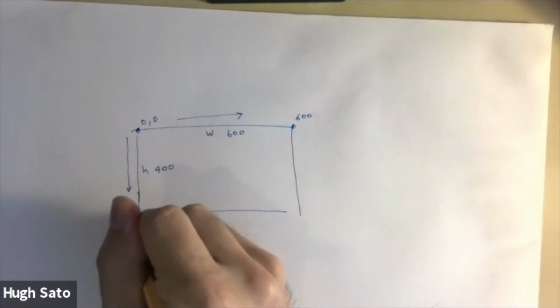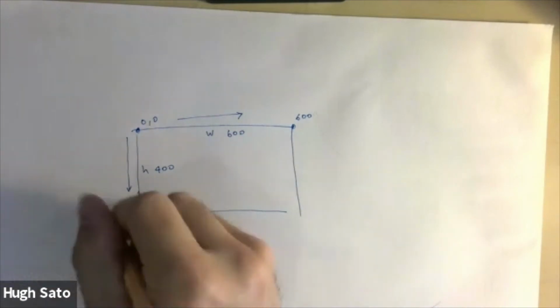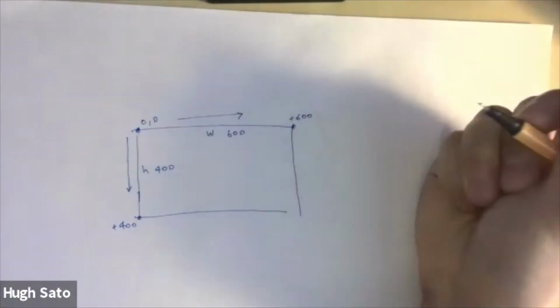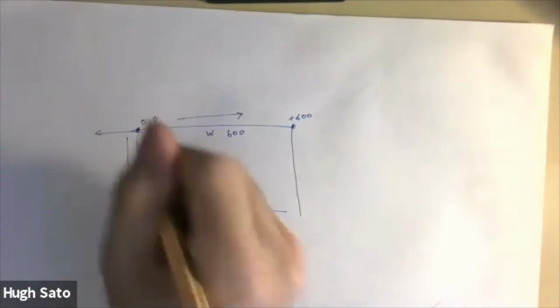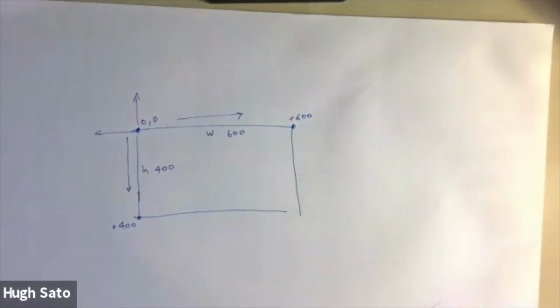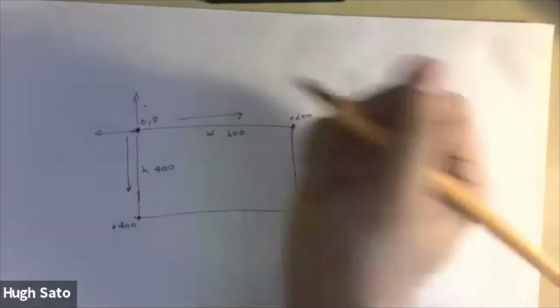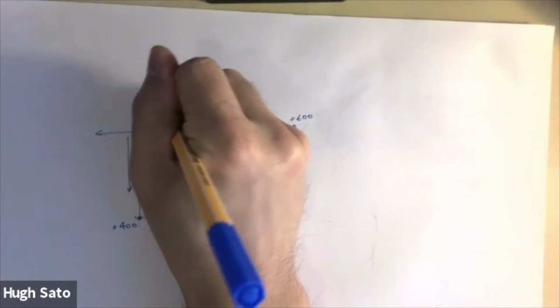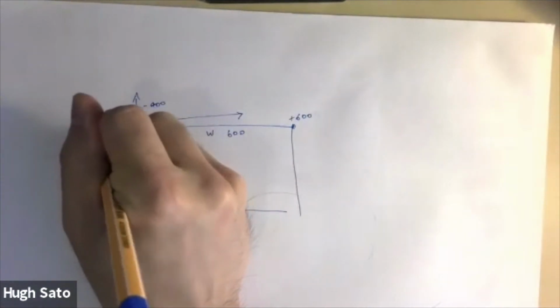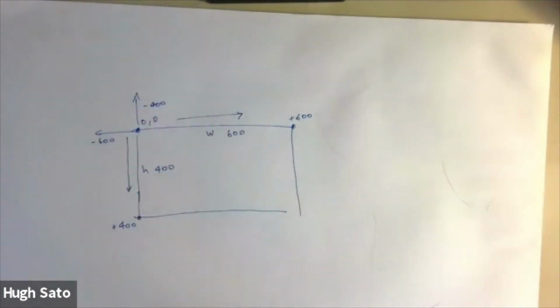So down here is 400 plus 400. We're ignoring the fact that if we travel left and up, which is off screen, these would be negative values, negative 400 and negative 600 in those directions.